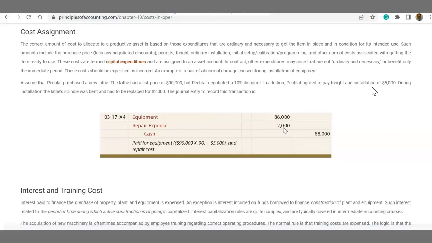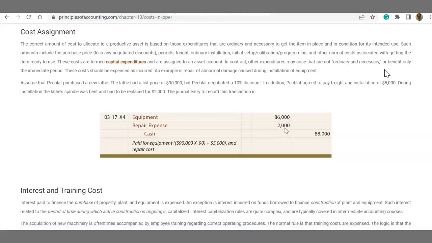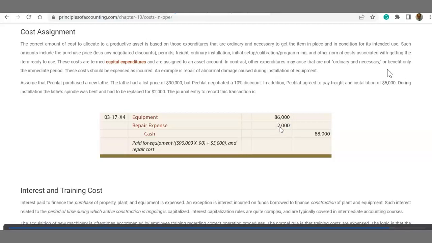But if you pay for the foundation to put that equipment down, if you pay for sales tax, delivery, installation, testing, all those things will be capitalized, combined $86,000. However, the $2,000 mistake and mishandling of the equipment, that's called maintenance or repair expense.